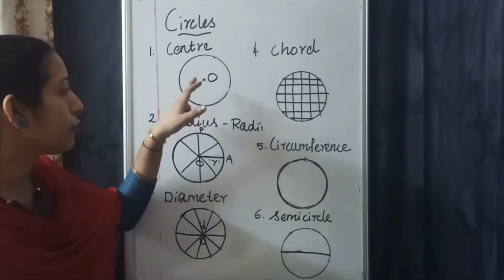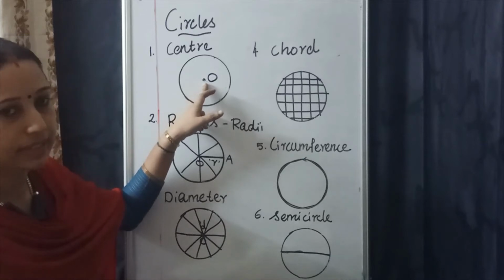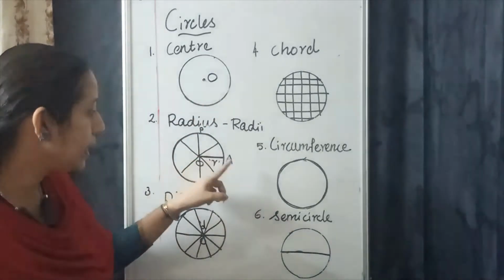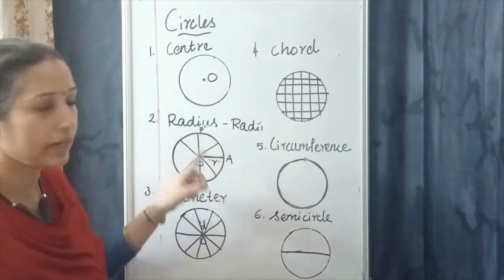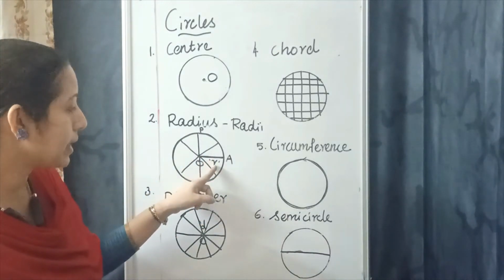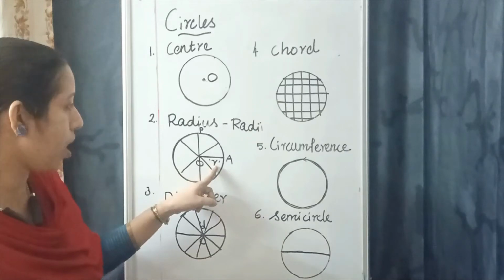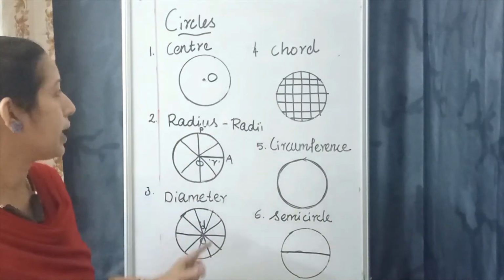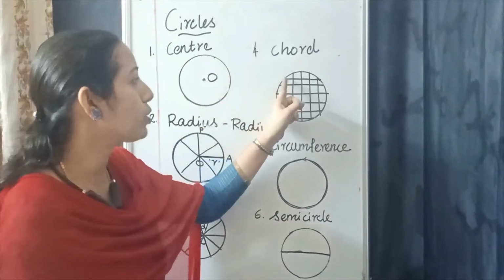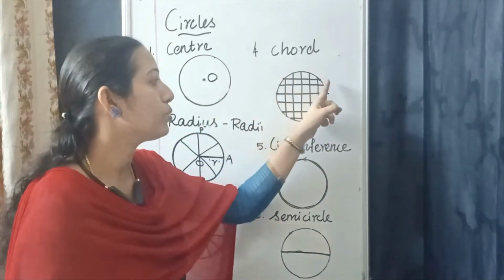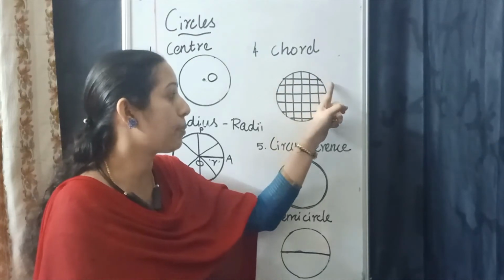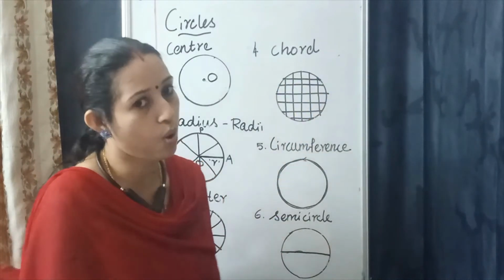So the center is the fixed point. A line drawn from the center to any point on a circle is called the radius. To represent the radius, we use the small letter r. The plural form of radius is radii. Then the chord: the line drawn from any point on a circle to another point is called a chord.